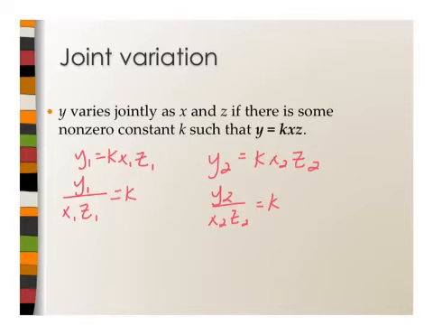So one approach could be to set these equal to each other and say y1 over x1 z1 is equal to y2 over x2 z2. I'll address this more later and certainly during class. If I forget, remind me.